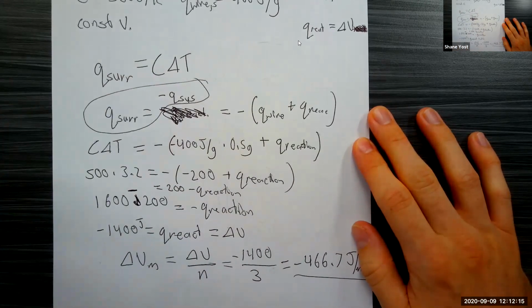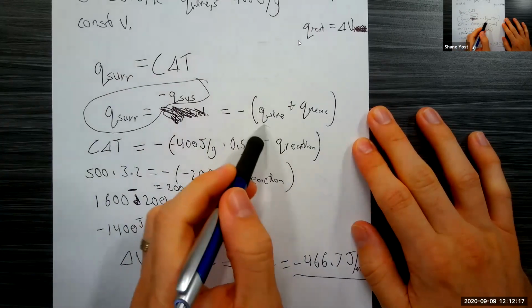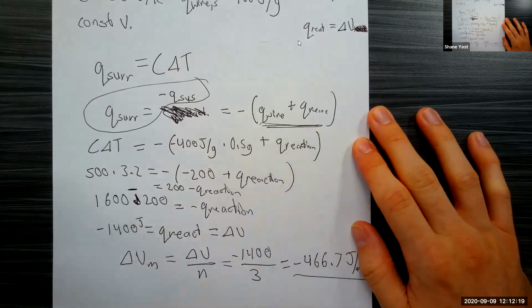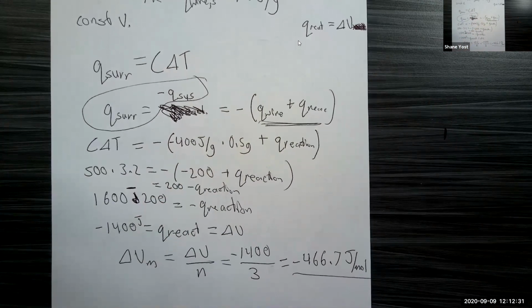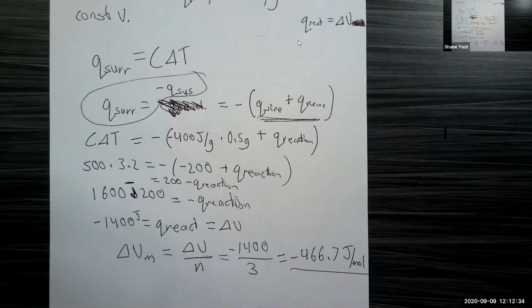And then identifying that the Q of the system is Q wire plus Q of the reaction. And then from there, we just plug in for the heat transferred from the wire and the heat transferred from the reaction, and then eventually simplify. So, questions about how we did this problem?